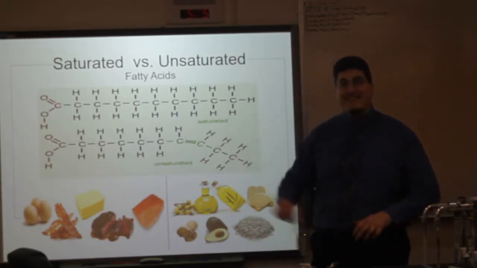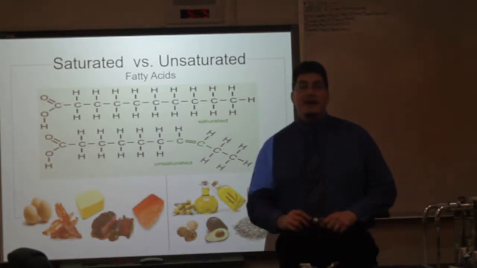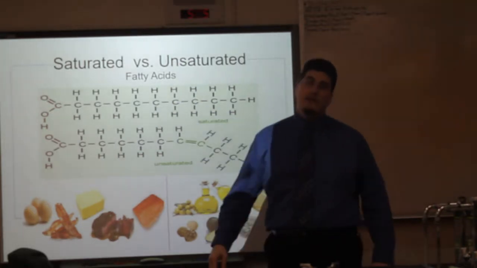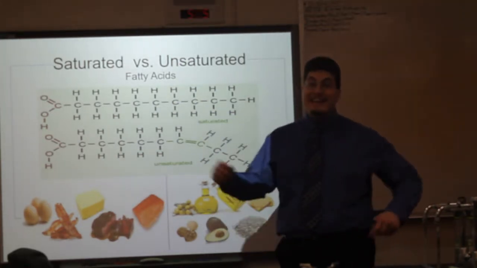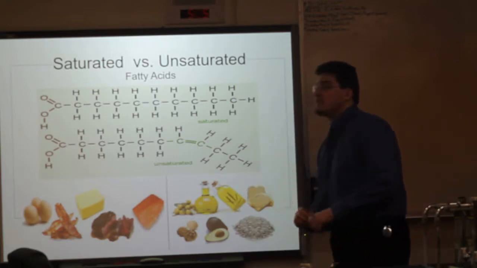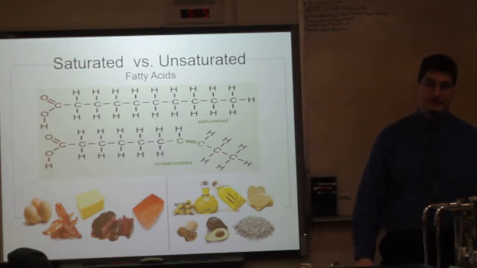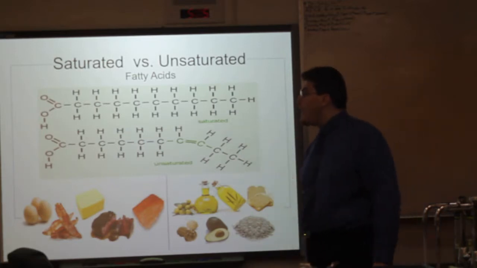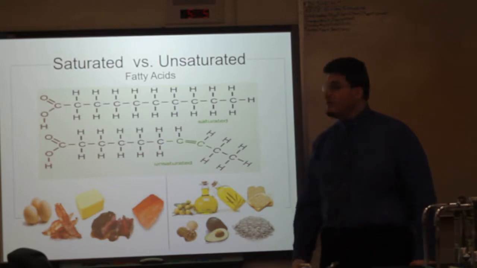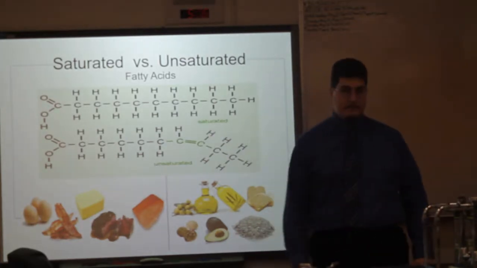Saturated. A saturated fatty acid is one where there are no double bonds. Every carbon is bonded to at least two hydrogens. If you have a double bond, these two carbons that are participating in that double bond are only bonded to one hydrogen.